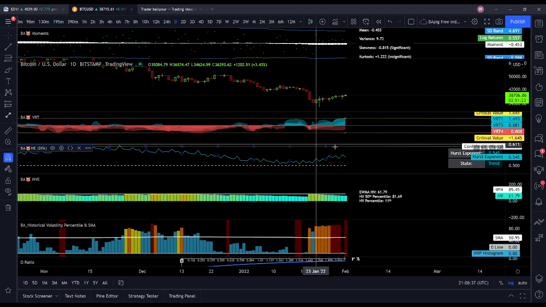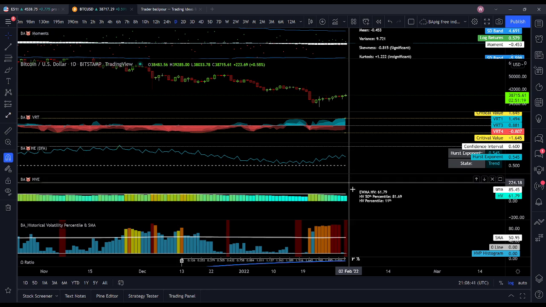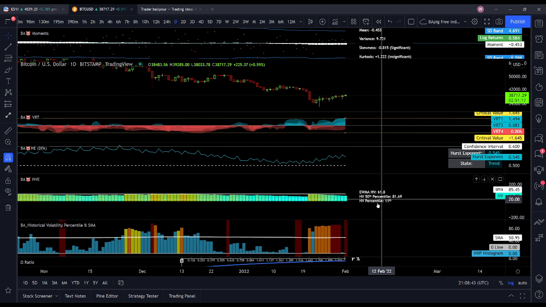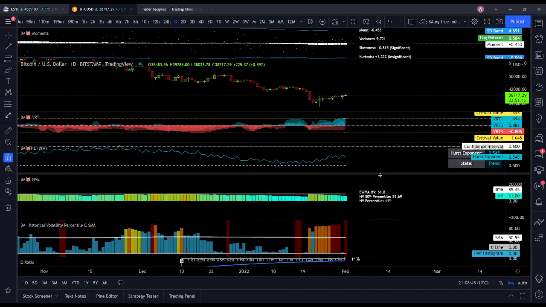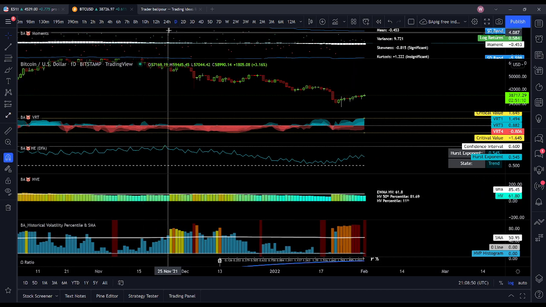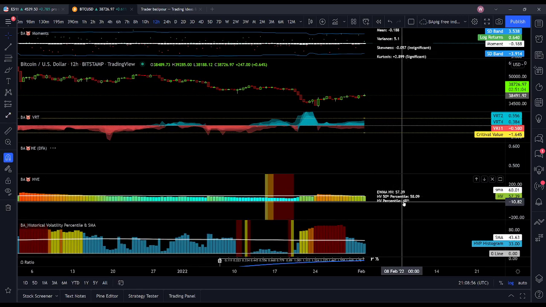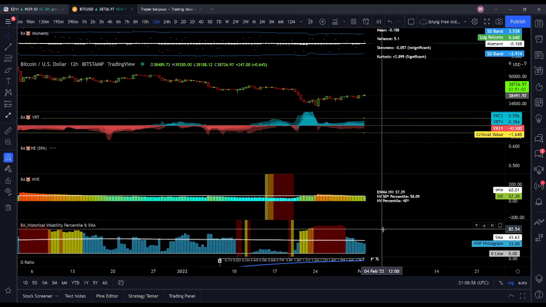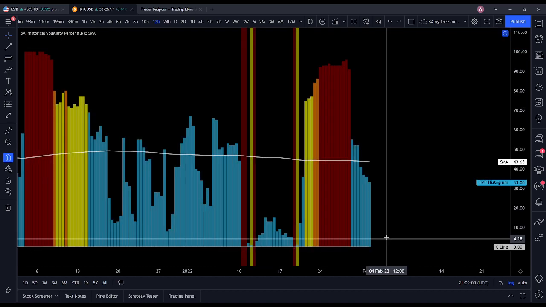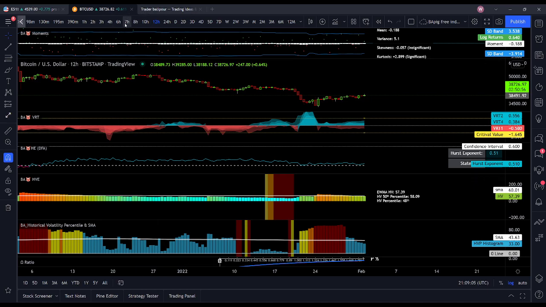And the volatility is low, so there's going to be some increased volatility at some point. But is it going to happen on this next 12-hour candle? Probably not, just looking at the HV percentile, which is this indicator right here, and you can also look at it in relation to the historical volatility estimator.